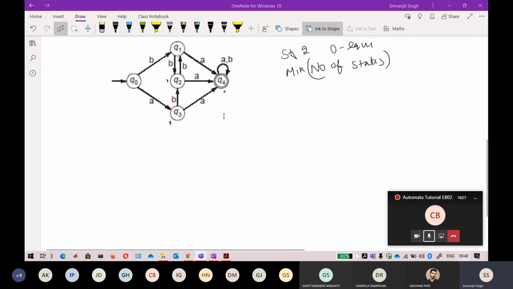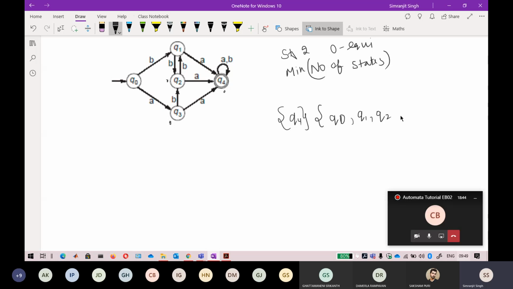On the other hand, if I just draw something, suppose the final state here is Q4, so don't worry about that set. I just want to tell you one more thing: you do not need to do so much calculation here. The easy part is to just take that Q4 and check these two.